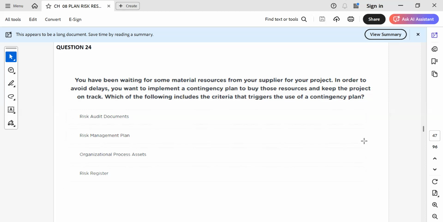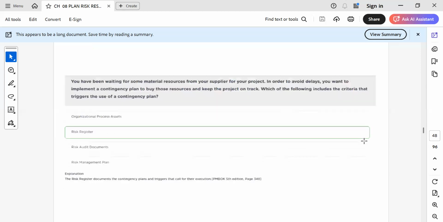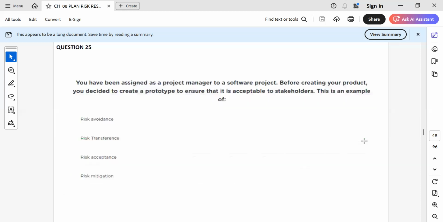The risk audit document, risk management plan, OPAs, and your risk register. I think it should be in the risk register only, no, sir? The risk register. True. Correct.